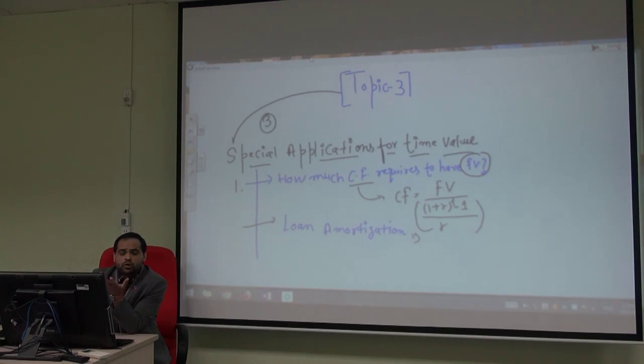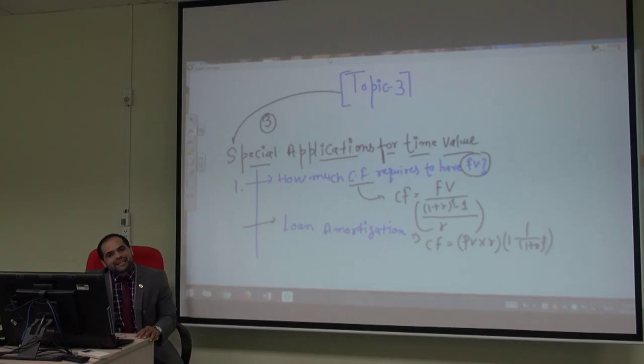So how much are the periodic equal installments we require for loan repayments? The formula uses present value and rate. That is the formula applicable for loan amortization. That will help us estimate the installments we require to repay.